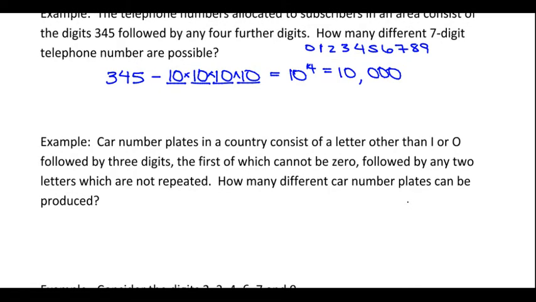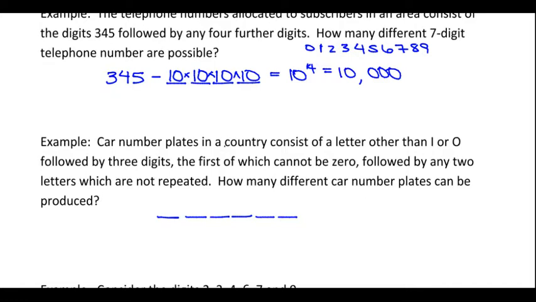License plates. Car number plates in a country consist of a letter other than I or O, followed by 3 digits, the first of which cannot be 0, followed by any 2 letters which are not repeated. How many different car number plates can be produced? So we can see, I was counting as we went along, that there are 6 different stages to this task.